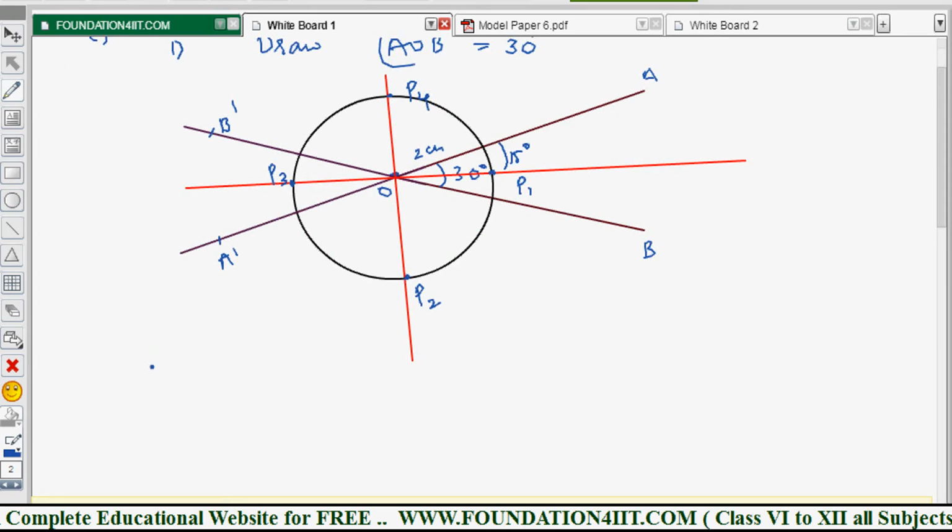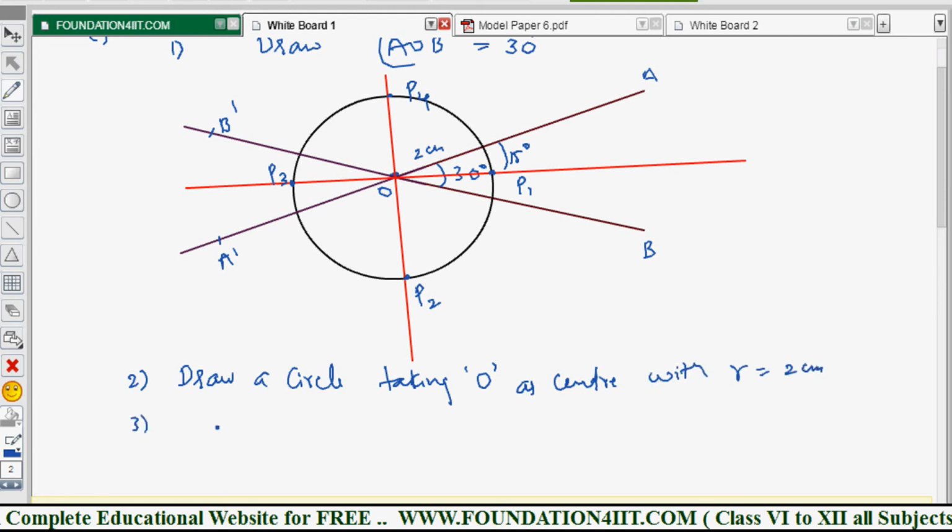Now let us go through the steps. After drawing angle AOB as 30 degrees, draw a circle with O as center and radius 2 centimeters.